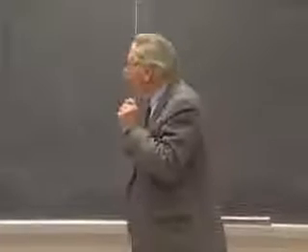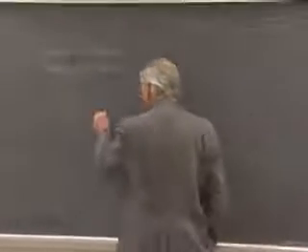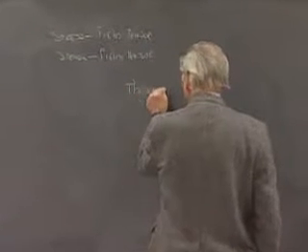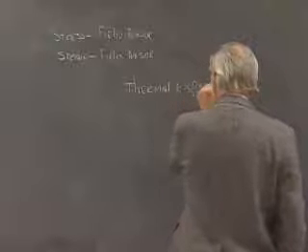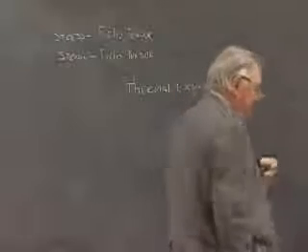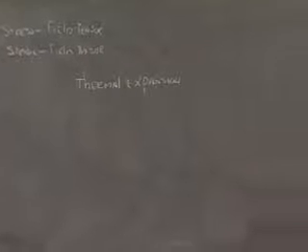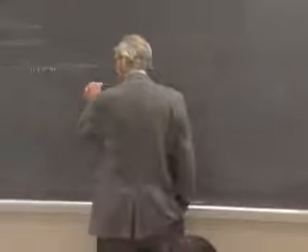But first, I'd like to look at one remaining second rank tensor property, and that is thermal expansion. And this is a curious second-rank tensor property, and we couldn't discuss it until we had talked about strain. And let me introduce it by a one-dimensional example.